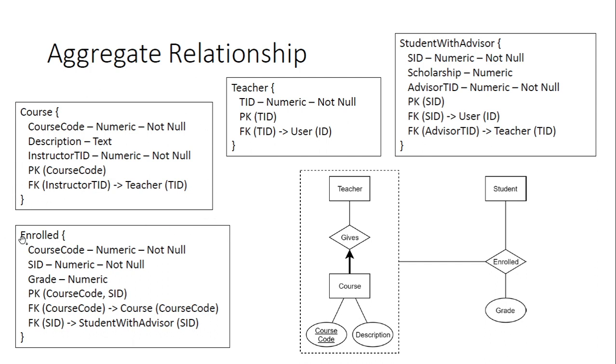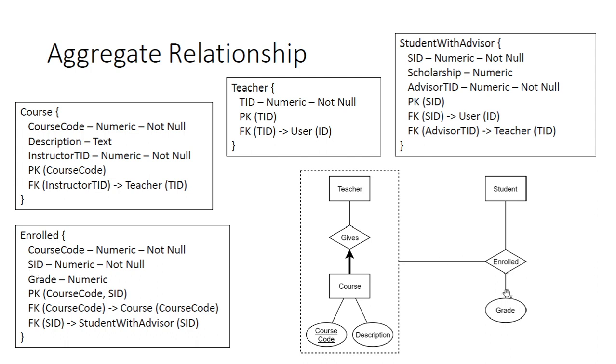Therefore, for the aggregate relationship called enrolled, I'm going to store a foreign key for the primary key of the course table, and that's course code only. So in here I need a course code, and since this aggregate relationship is also connected to a student, I need to have some reference to the primary key of the student, which is SID.